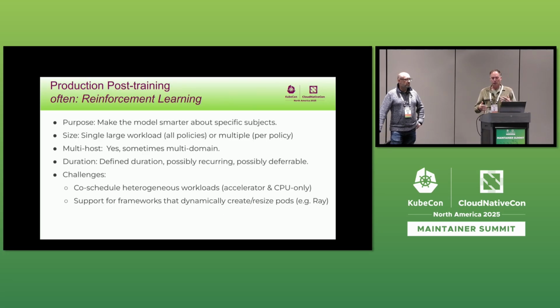Once you've got a model, it's able to chat with you, but it may not be smart about specific subjects like how to program or how to do math problems. So you can't really make it better at programming by just practicing predicting what is the next token in this program. You need to let it generate a whole program and then compile it and see if the answer's right, or solve a whole math problem and then check if the proof is correct.